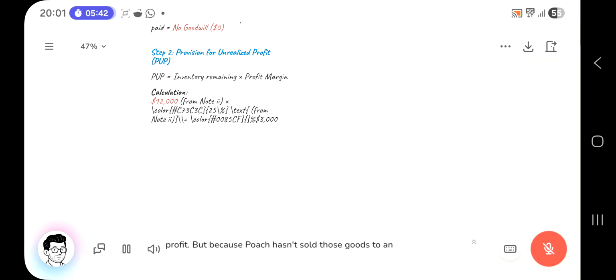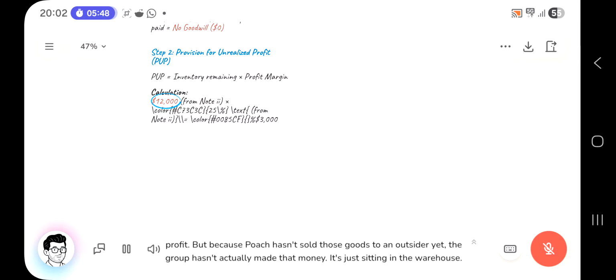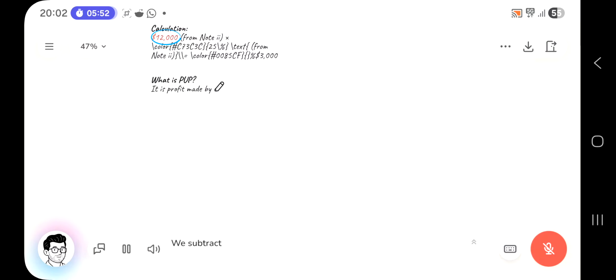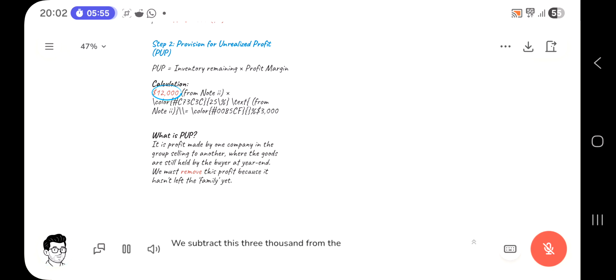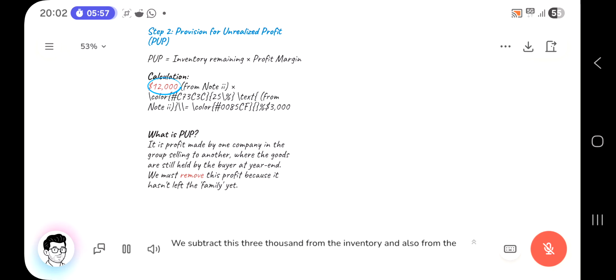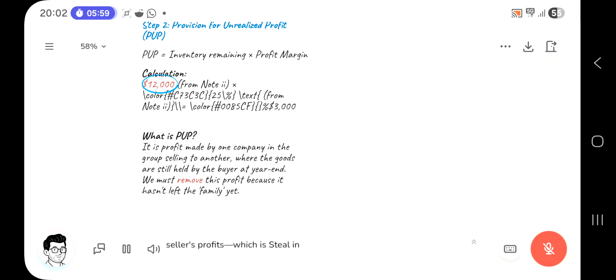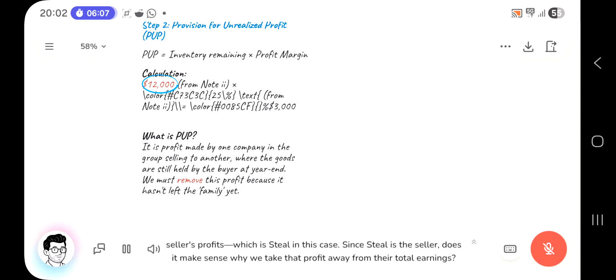But because Poach hasn't sold those goods to an outsider yet, the group hasn't actually made that money. It's just sitting in the warehouse. We subtract this $3,000 from the inventory and also from the seller's profits, which is Steele in this case. Since Steele is the seller, does it make sense why we take that profit away from their total earnings?